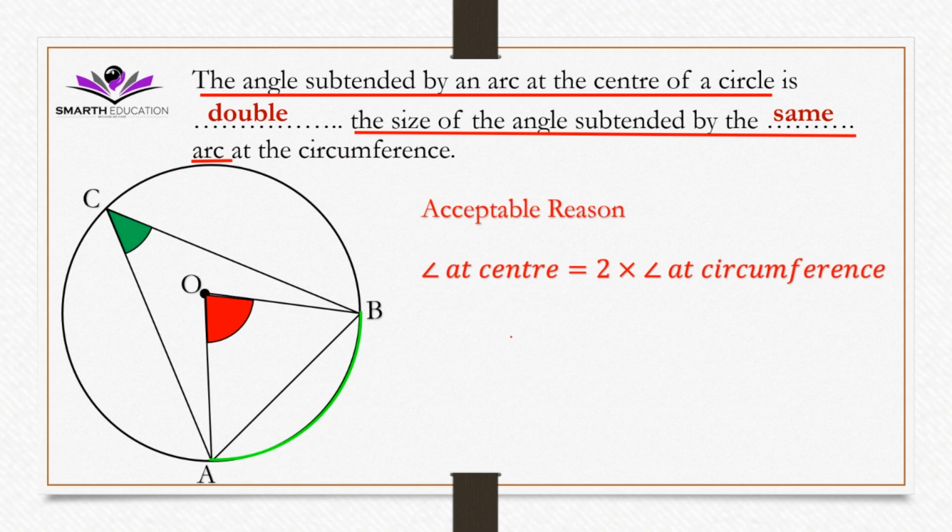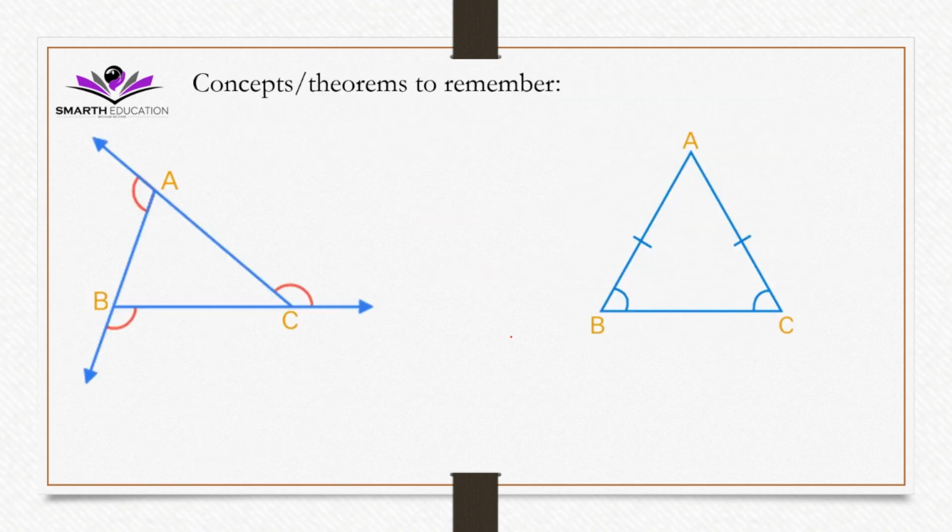Okay, right, let's move on to the proof part. But before we look at the proof, I want us just to discuss a few concepts that we're going to use when we're proving this theorem. Remember the exterior angle of a triangle. Let's name these angles. Let's say this is angle C1 and angle C2, angle A1 and angle A2, angle B1 and angle B2.